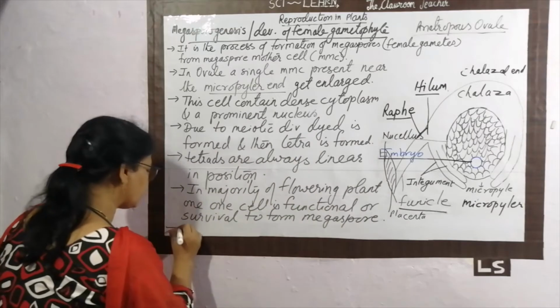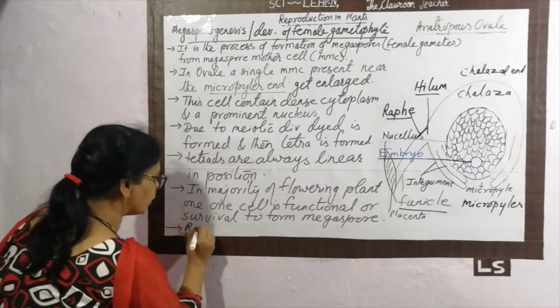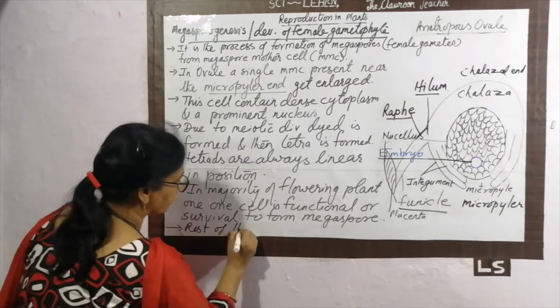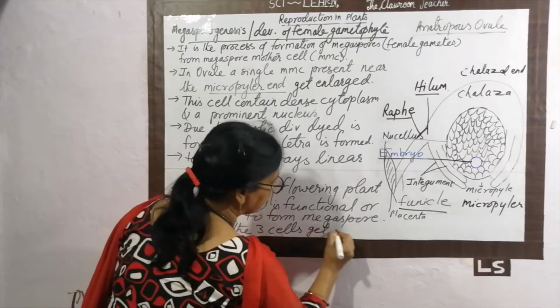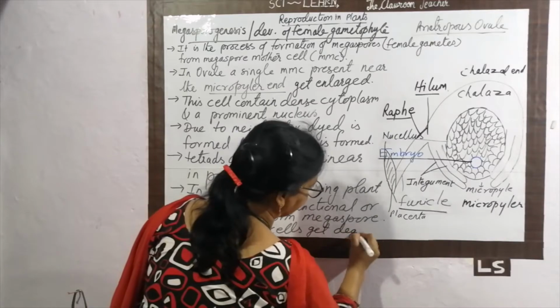Then what happened to the rest of the three cells? The rest of the three cells degenerate.